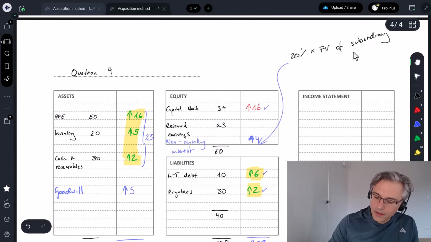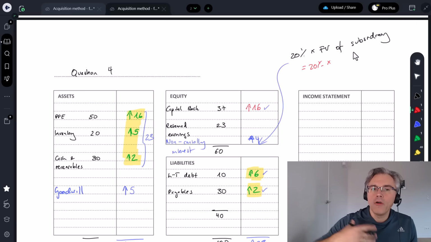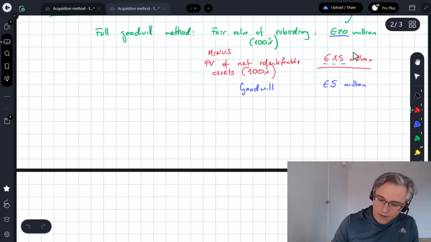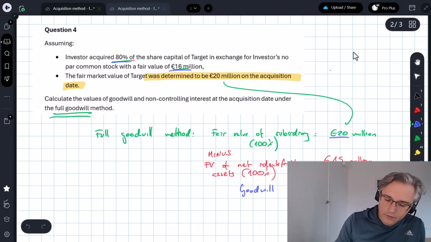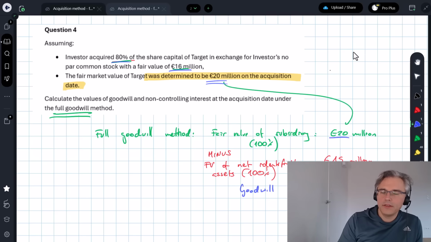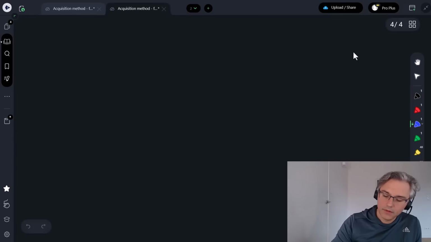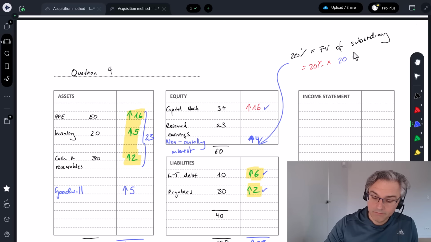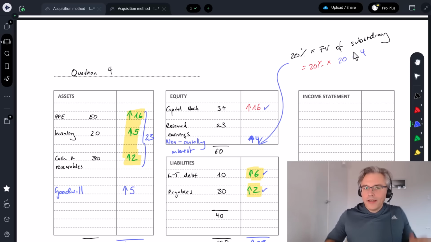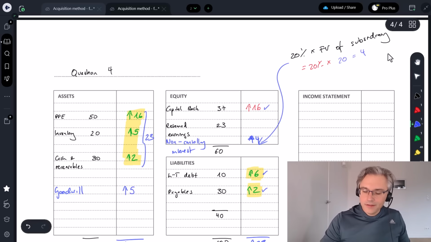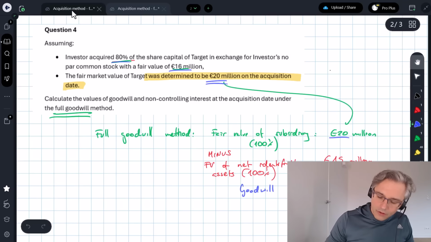But now I'm saying let's do 20% of the whole value of that subsidiary business, and the fair market value of the target was determined to be 20 million on the acquisition date. Okay, so times 20, that gives 4. It's just a different conceptual approach.